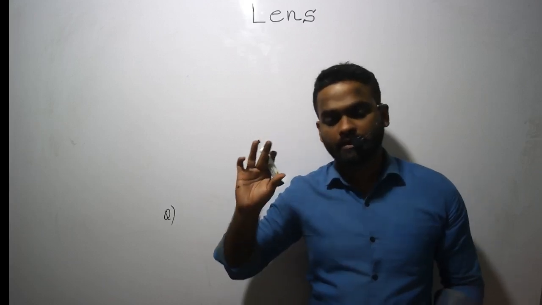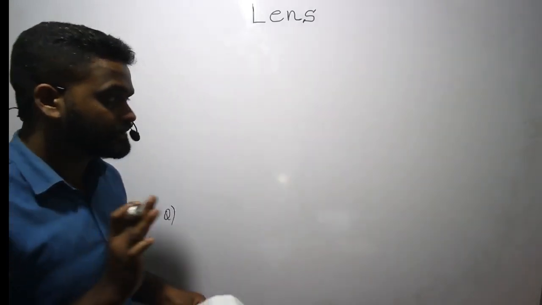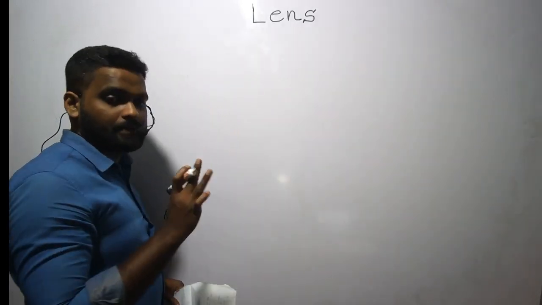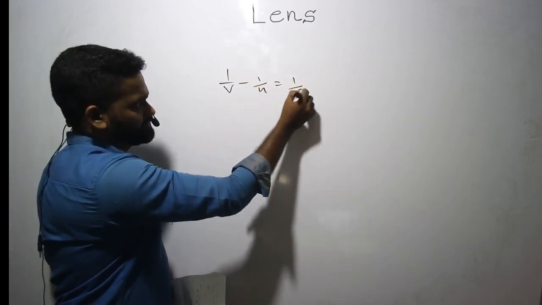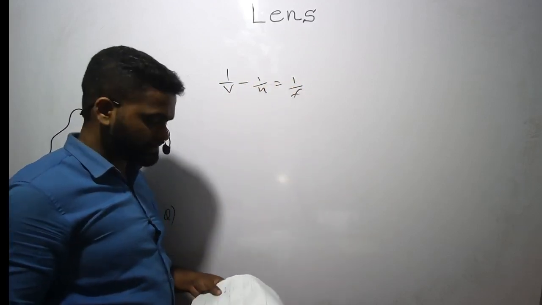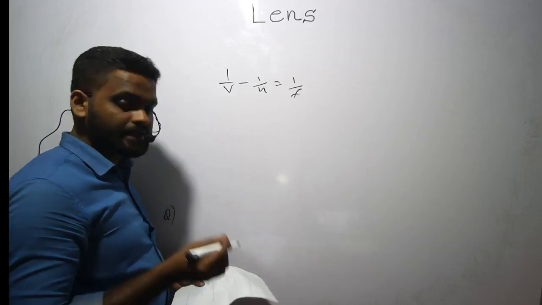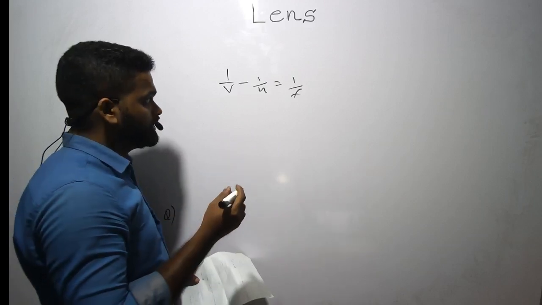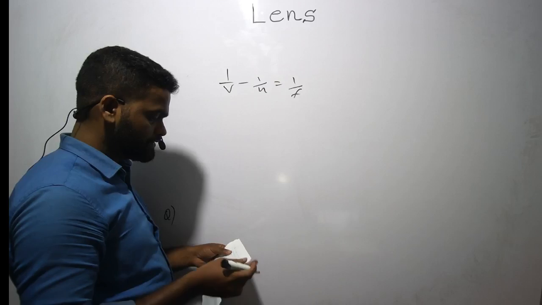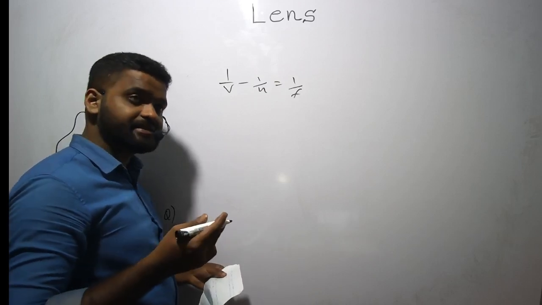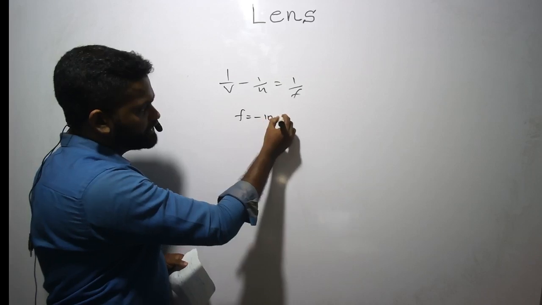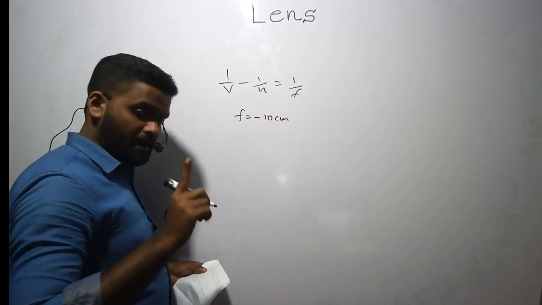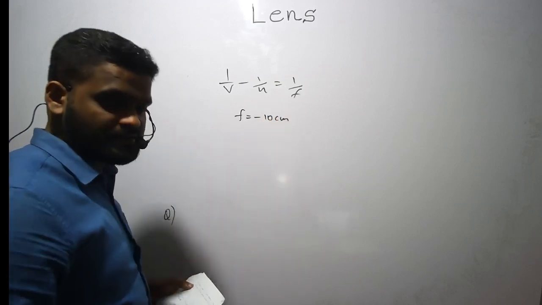Okay, now listen, this is the method. You have to correctly apply sign convention. You just write the equation first. Then what do you do? The focal length is given and they say it is a convex lens, so you know focal length should be minus, because it is a convex lens.